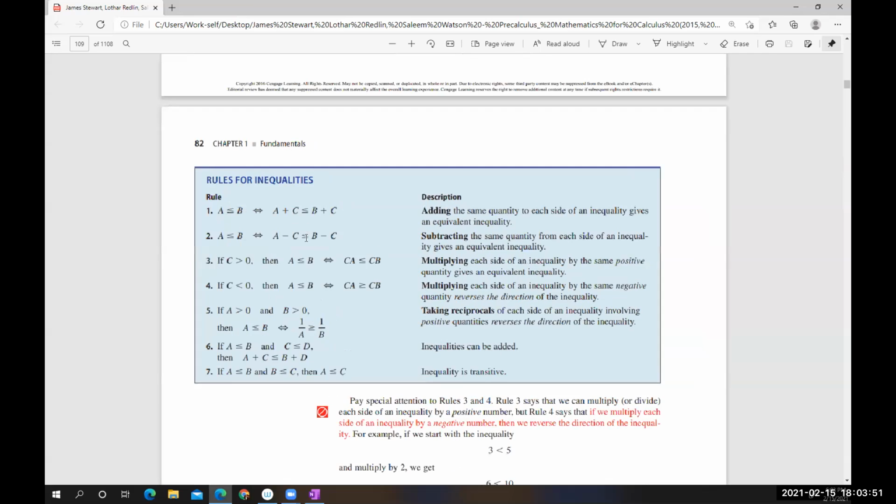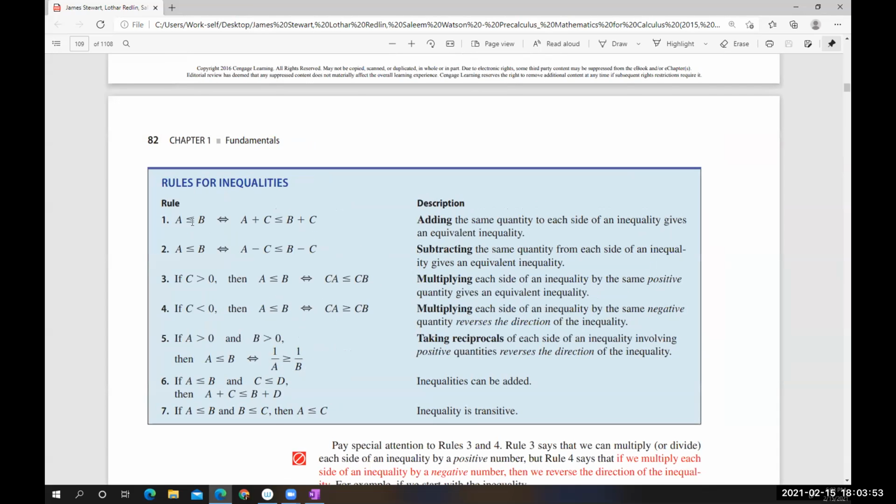So we have here this first rule. It says if you have A is less than B, so some number less than the other, or one expression less than the other, then you can add another expression to both sides without affecting the inequality. You can do the same thing with subtraction.